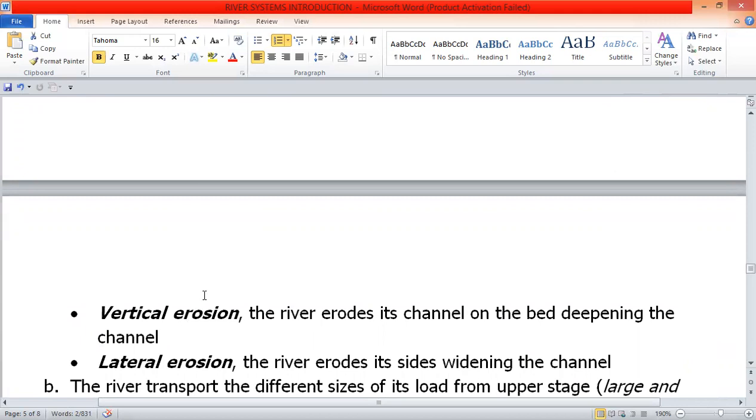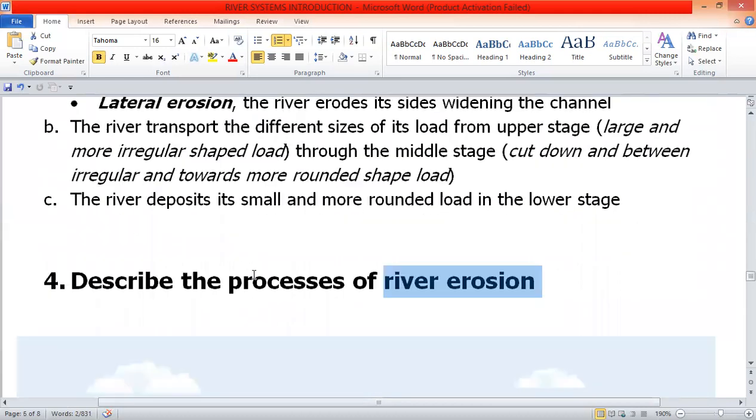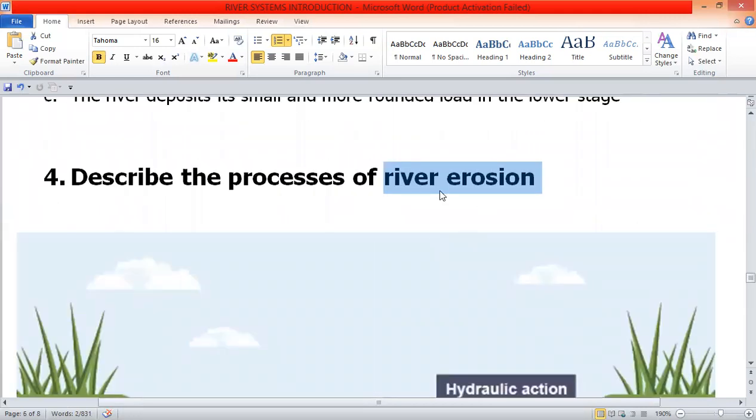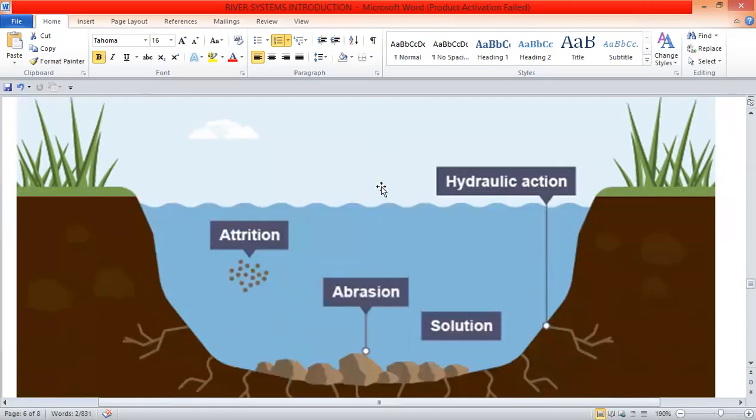When the channel is being eroded, there will be deposits dropping into the river, which is called the load. Now, the load of the river will be eroded. There are processes that will erode the load of a stream. Here are the processes in this diagram.